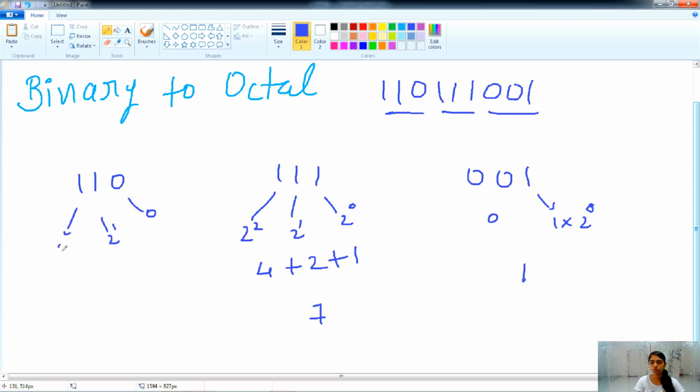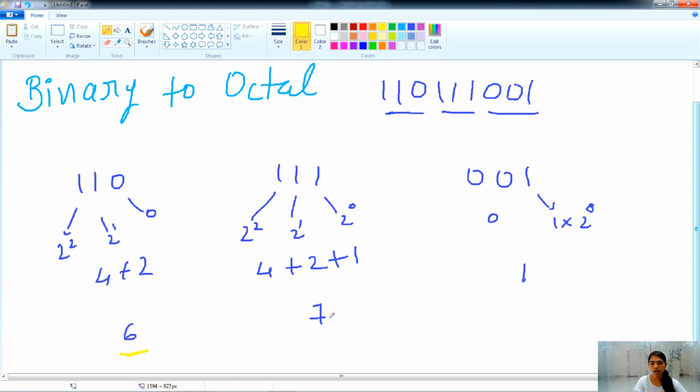This one would be 2 raised to 1 and this one would be 2 raised to 2. You must remember that we are actually multiplying this by 1, right? I'm not writing it here, but you have to assume that; it's a very implicit thing. Now 2 raised to 1 gives us 2, plus 2 raised to 2, that is 4, so it would be 6.